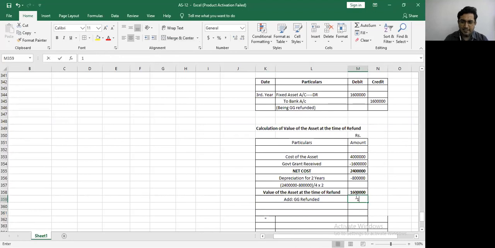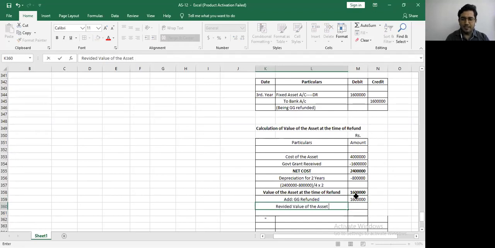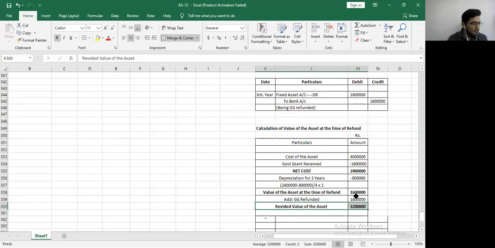So 16 lakhs. So your revised value of the asset is how much? 32 lakhs. Your revised value of the asset will be how much? 32 lakhs.